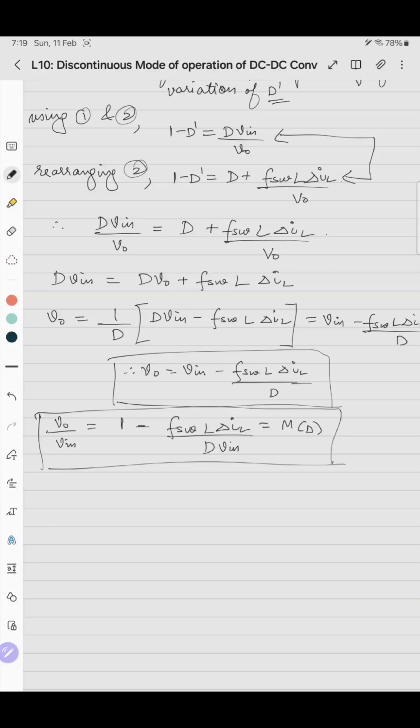So this equation we can plot, but this is for some different values of Vin.